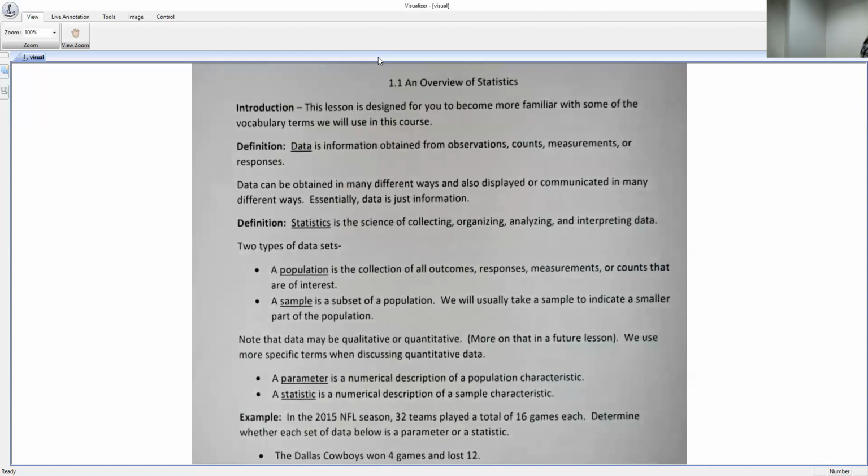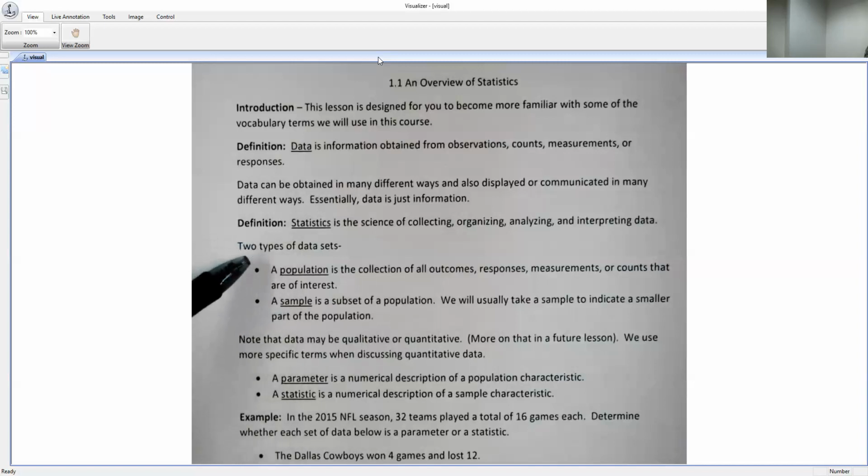Okay, but data is just information, just some kind of information that we can do something with. Statistics is going to be the science of collecting, organizing, analyzing, and interpreting that data. Okay, so once we have the data, what do we do with it? That's the statistics part, where we do something with it.